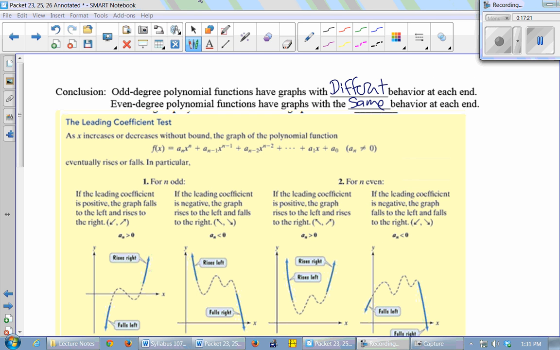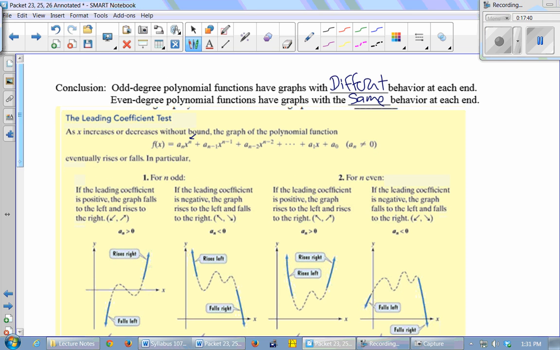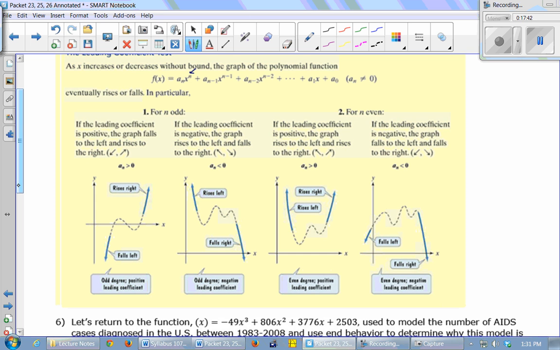Right, okay, so here's sort of the general definition of a polynomial. Something times x to the n plus something times x to 1 degree smaller. When n is odd, right, when the highest exponent is odd, 1 or 3 or 5 or 7, if you have x raised to the 5th or raised to the 7th, raised to the 9th, etc., you're going to have one arm up and one arm down, different end behavior on each end.